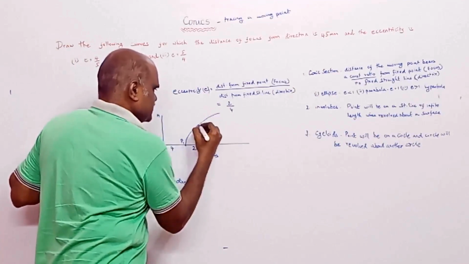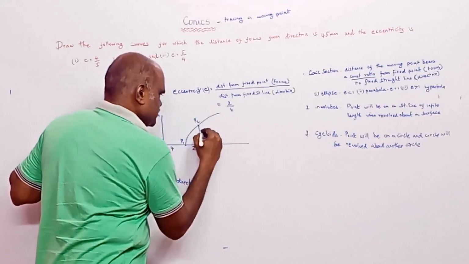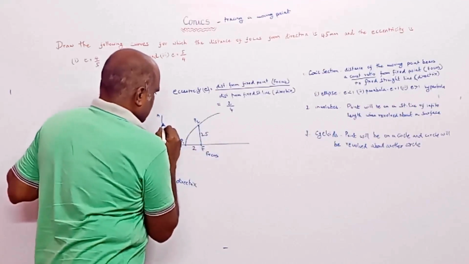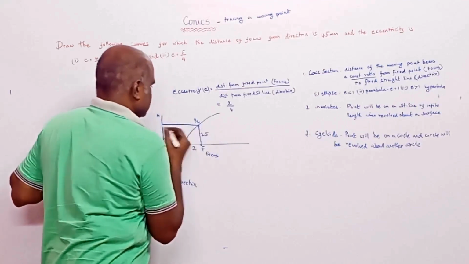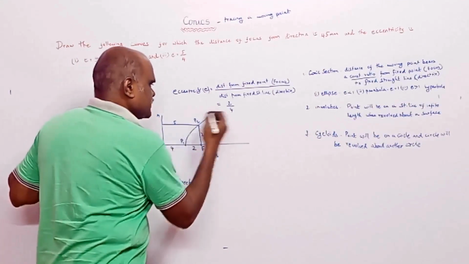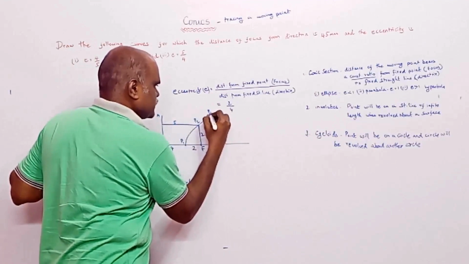For example, if you are considering this point as P2 here, and you are assuming this distance is 2.5, the distance from the fixed straight line will be 5. The next point, if the point is moving from P2 to P3, is the third position.